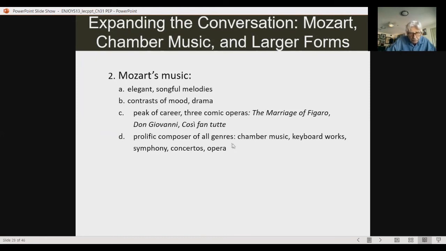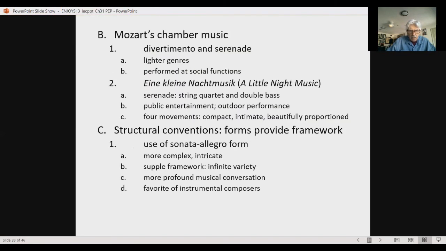So Mozart wrote the comic operas. We sampled Don Giovanni. He wrote over 40 symphonies, and he wrote quite a few piano concertos. And we'll sample that at a later time. In his chamber music, he wrote pieces called divertimento, actually the plural would be divertimenti, and serenades.